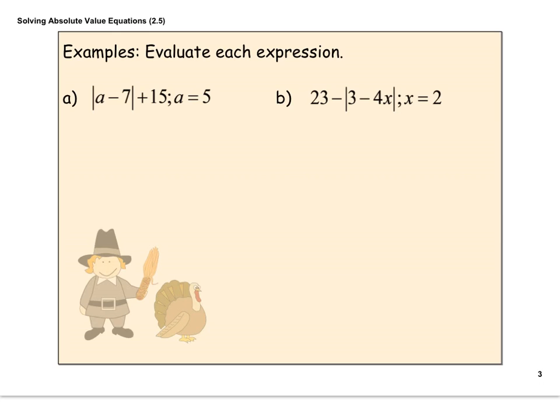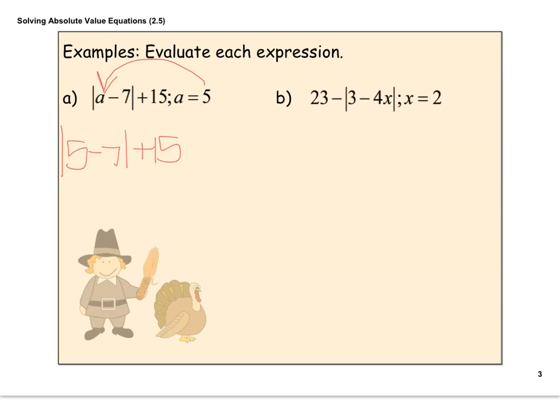So when we're asked to evaluate an expression, what we're asking you to do is I'm going to give you an expression, which is shown here, and I'm telling you what A is. So we are going to take this A, this 5 I should say, and we're going to put it in for A. So I'm going to rewrite absolute value of 5 minus 7 plus 15.